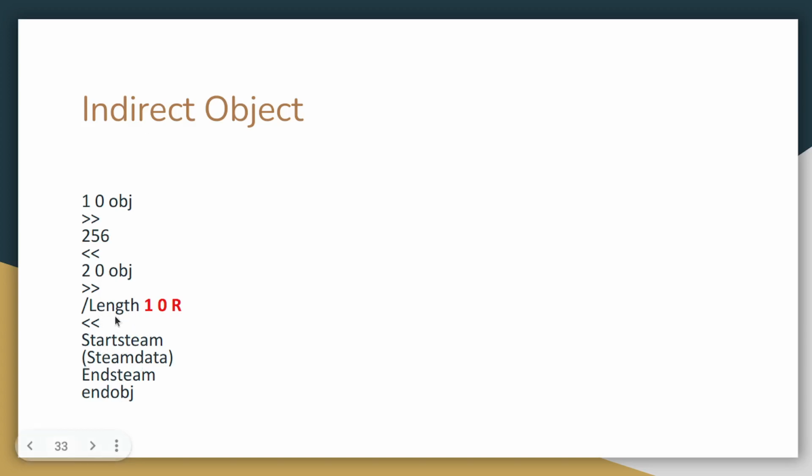To do that, we have indirectly referred to it as 1 0 R, so it will fetch the data from there. So the length would be parsed as 256. The 1 0 R is an indirect object because it is referring to some other object. So that's how indirect objects work.